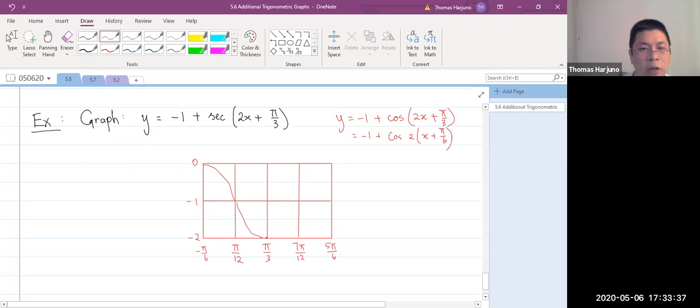Now, this is something we learned last time, from Monday. Then what will the graph of secant look like? If it is a bump up, then it will be an up cup. If it is a valley, then it will be an upside down cup.